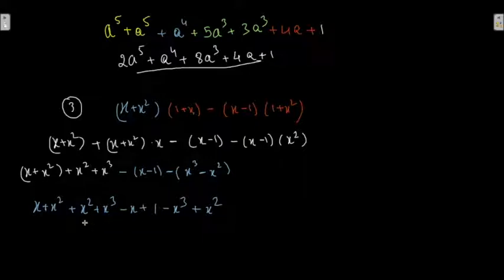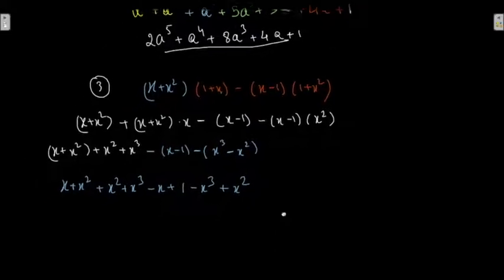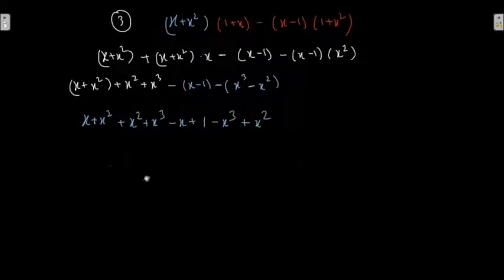Now we'll combine the like terms or bring the like terms together. So what we'll do is that we'll write in the descending order of their degrees. Okay, let's see, I think something will get cancelled here. Yeah, this x raised to power 3 will get cancelled with x raised to power 3. So this makes the job a little easier. Also, this x will get cancelled with this x.